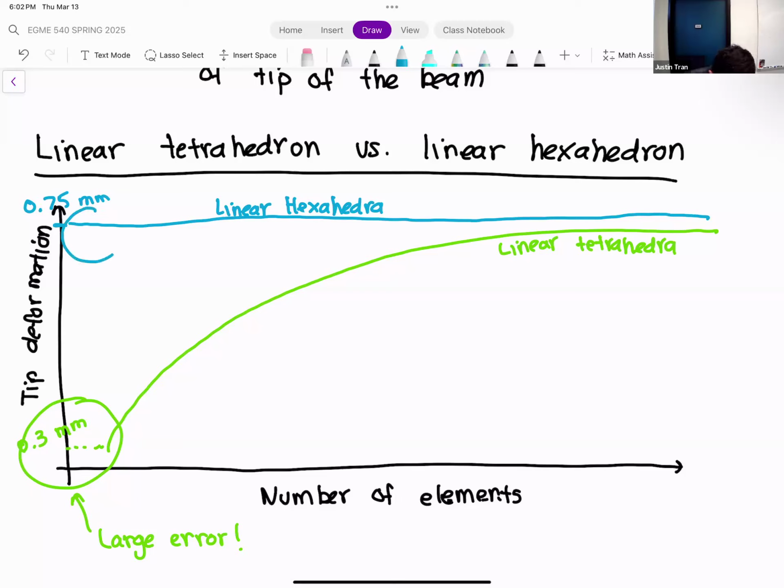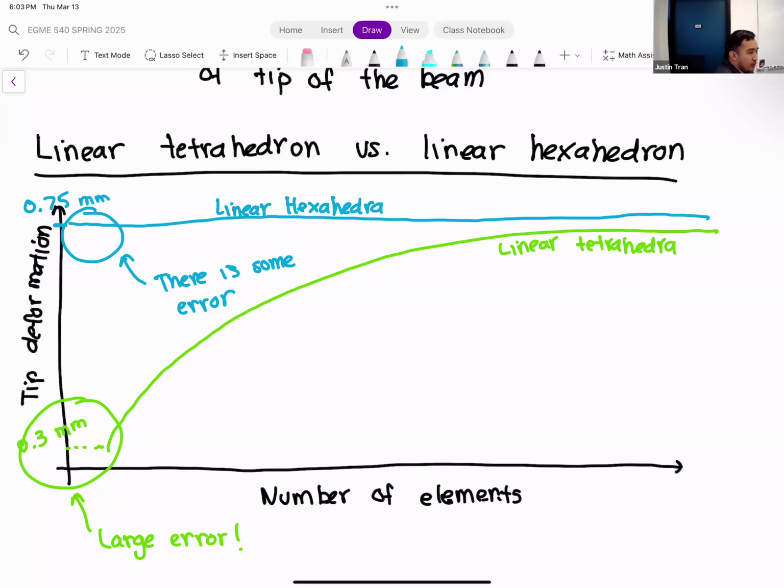So this graph is a little bit misleading because there is some error here. It just didn't find the right solution right away. There is some error there, but it's so small compared to how big the error was for linear tets that it's almost unnoticeable when you graph them together.